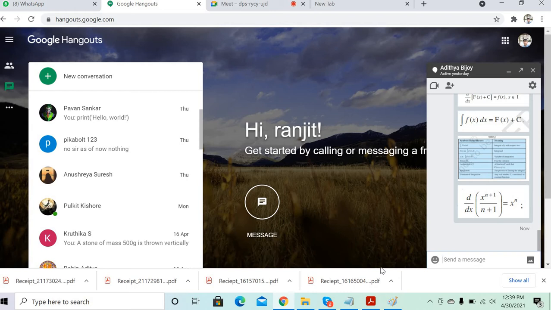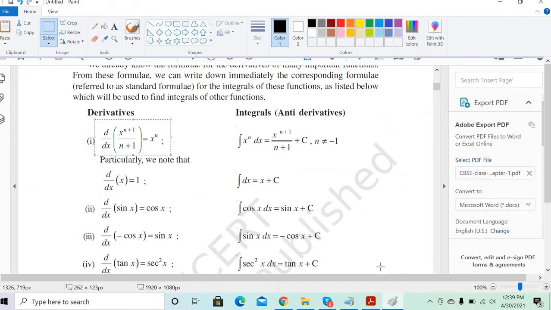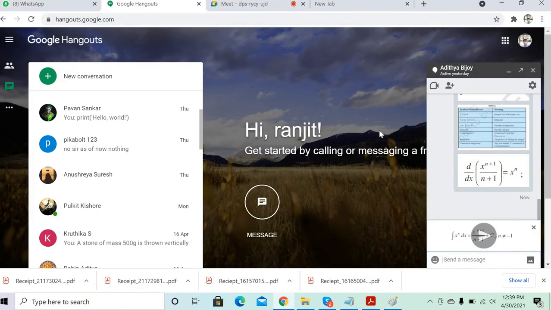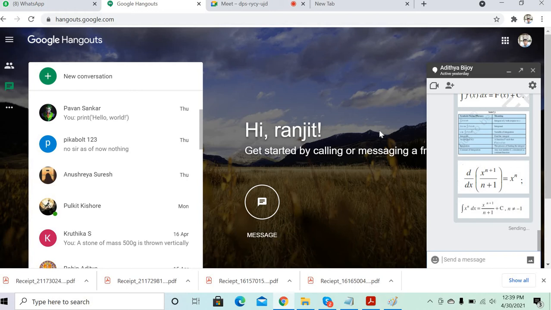Yes, sir. So the meaning is, when you try to integrate x power n, you should get x power n plus 1 by n plus 1, correct? If I try to integrate x power n, I should get the value of what you had differentiated. The output of differentiation is x power n, so when you do the antiderivative of x power n, I should get x power n plus 1 by n plus 1.